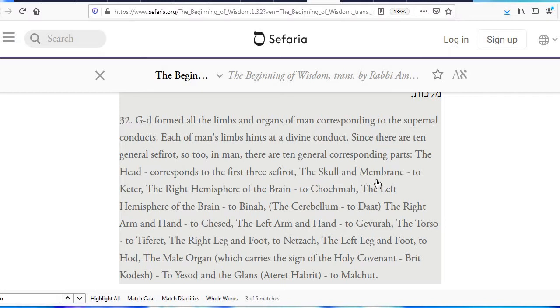The skull and membrane to Keter, or crown, the crown of the head.